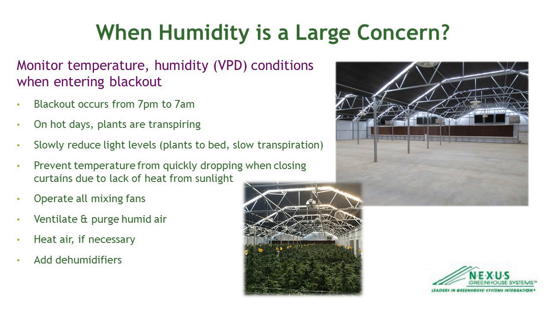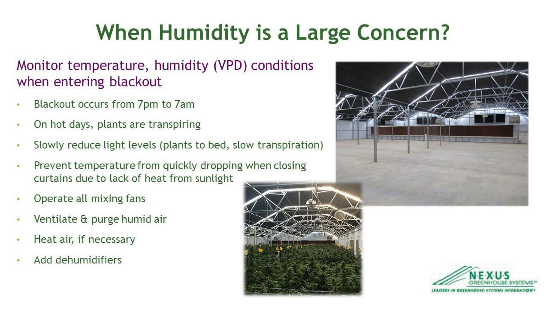So you want to make sure you close that blackout curtain very slowly, reduce the amount of light that's hitting that crop, give the greenhouse environment the chance to exchange some air outside, exhaust some air, and purge some moisture from the environment, and absolutely prevent the temperature from dropping quickly.